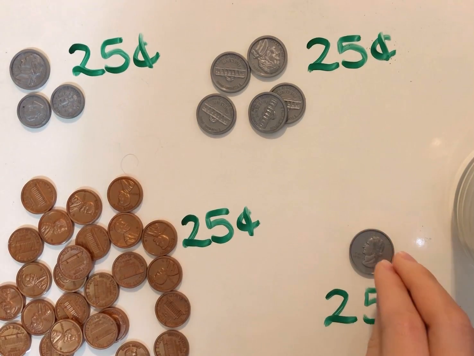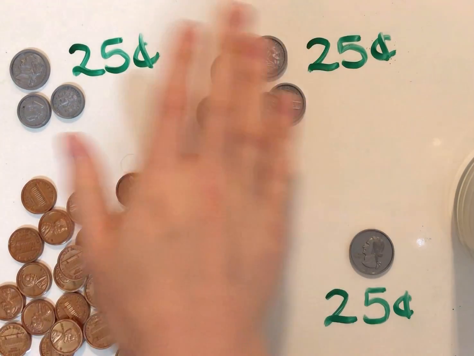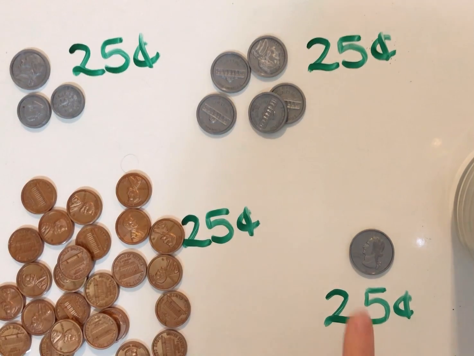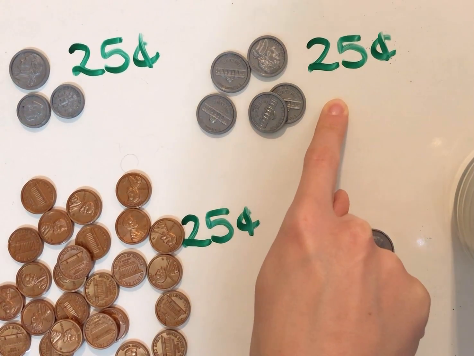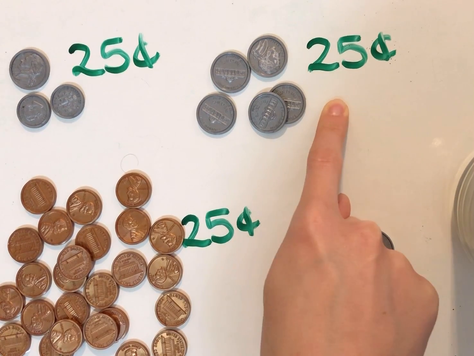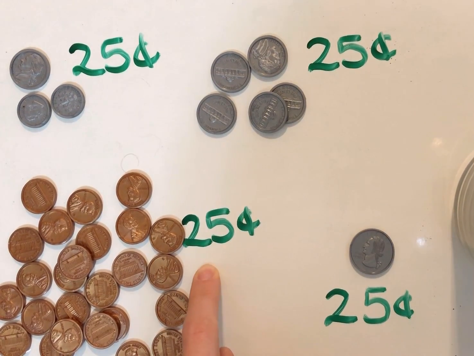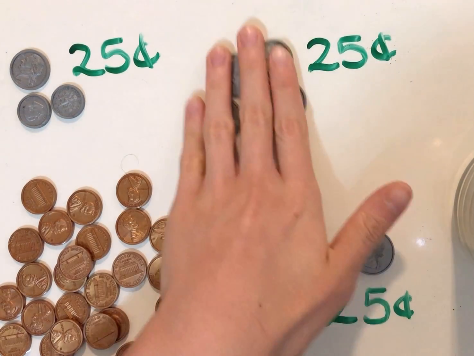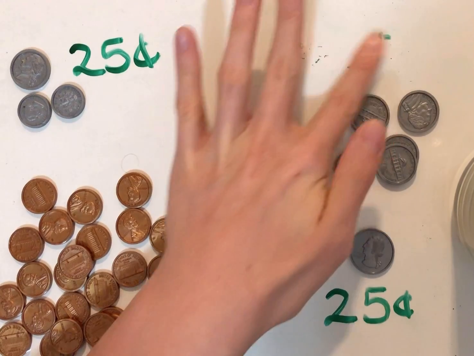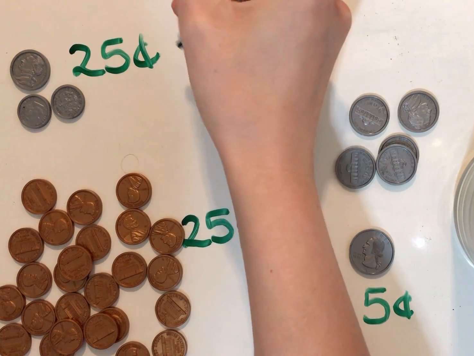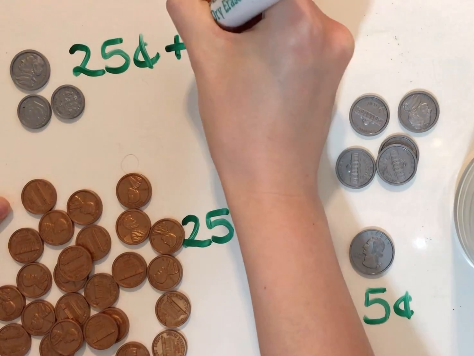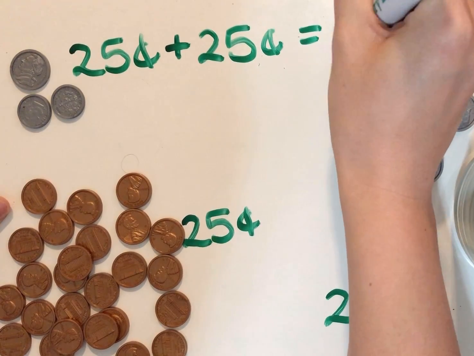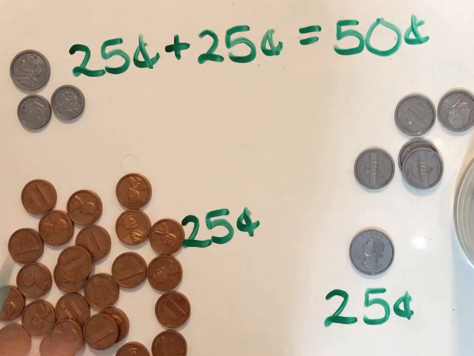But let's see if we can figure out if we add all of this together. This is a lot of counting. We just did something similar. So if I have 25 plus 25, so it's like having 2 quarters, it would be 50. Plus another 25 would be 75. I'll show you up here. 25, and then we added another 25 cents, and that equals 50 cents.